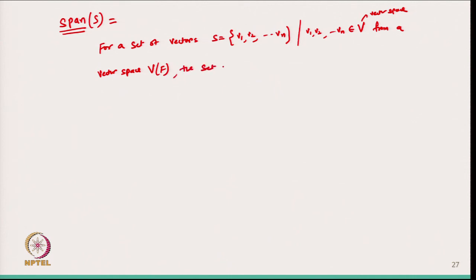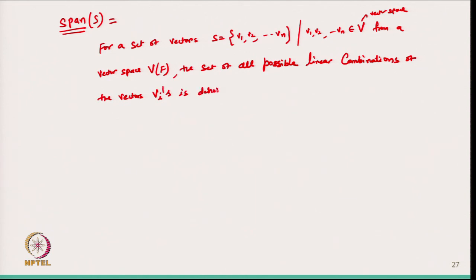The set of all possible linear combinations of the vectors, meaning the Vi's, is denoted as follows.